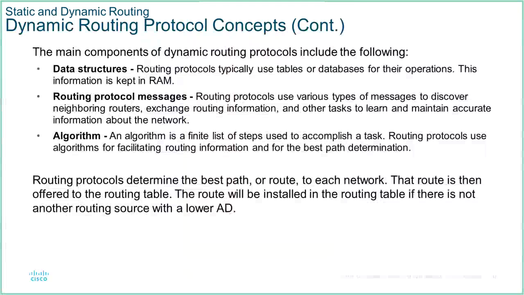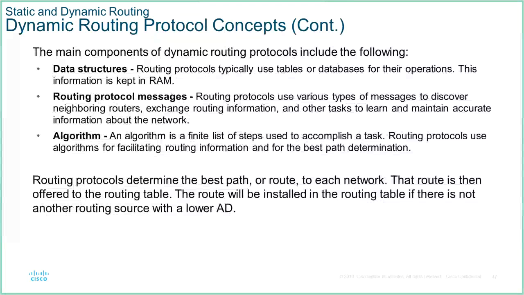These tables are kept up to date with protocol messages being sent between its neighbours and exchanging information about the known networks. They are also used to maintain an accurate accounting of the information within the network.